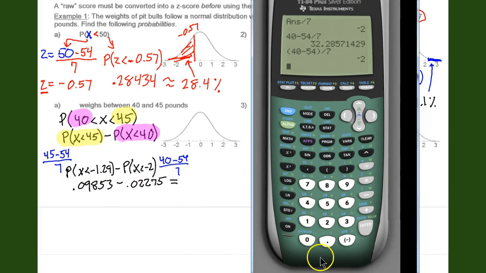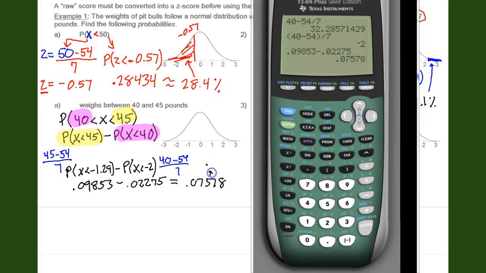Those are both from the table. And then, of course, do the subtraction. You get 0.07578, which is roughly 7.6%, a very small part, a very small piece.